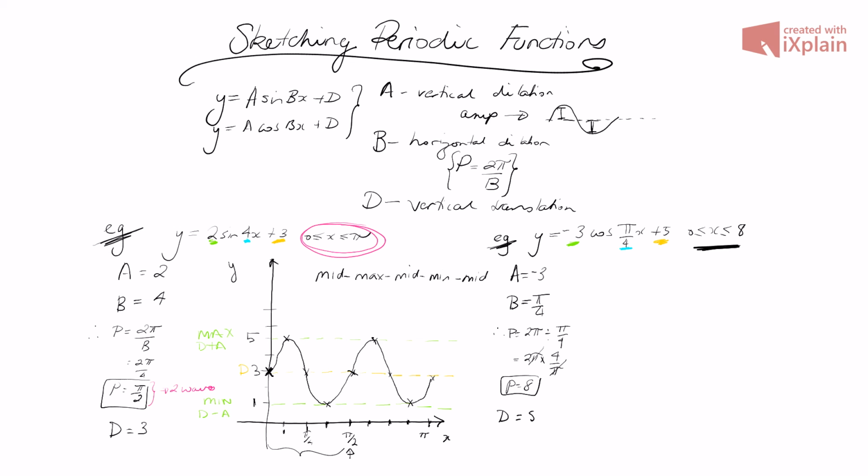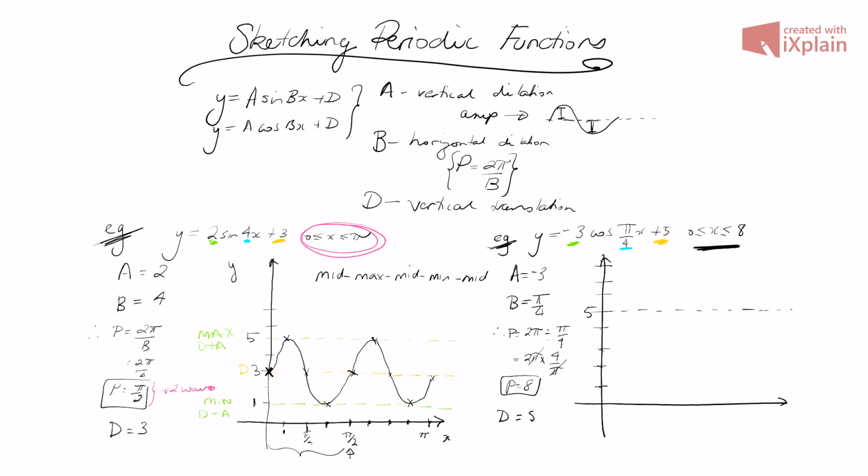D is 5, so that means my midline is going to be 5 up. So, axes, units, ooh, just fit it. Okay, midline is at 5. 1, 2, 3, 4, 5. Drawing my midline.